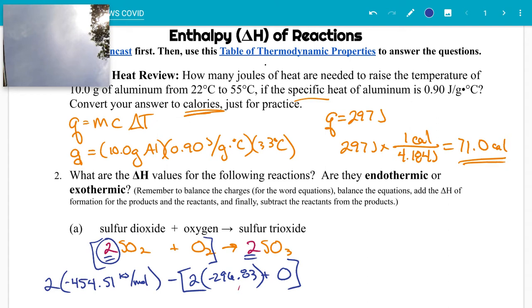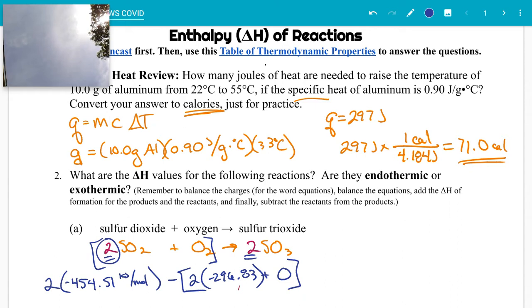So I'm going to close that off in brackets. So now I'm going to figure out the math on this one. And when I plug it into my calculator, 2 times 454.51, which is a negative, is minus 909.02. And then from that, I'm going to subtract 2 times... oops, I didn't do that right. 2 times 296.83, which is also a negative.